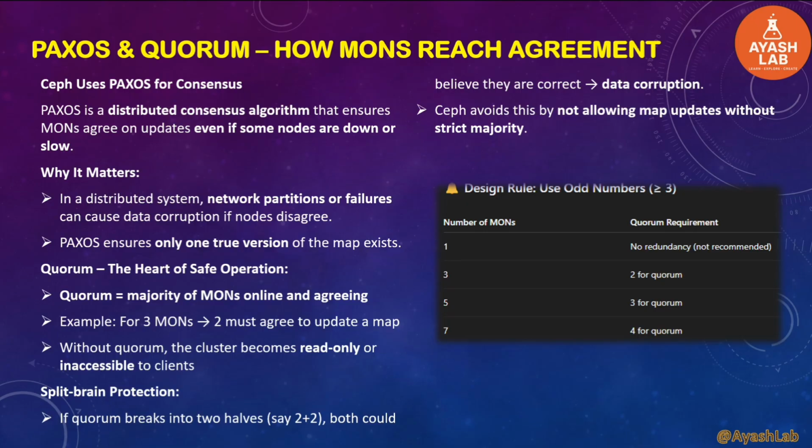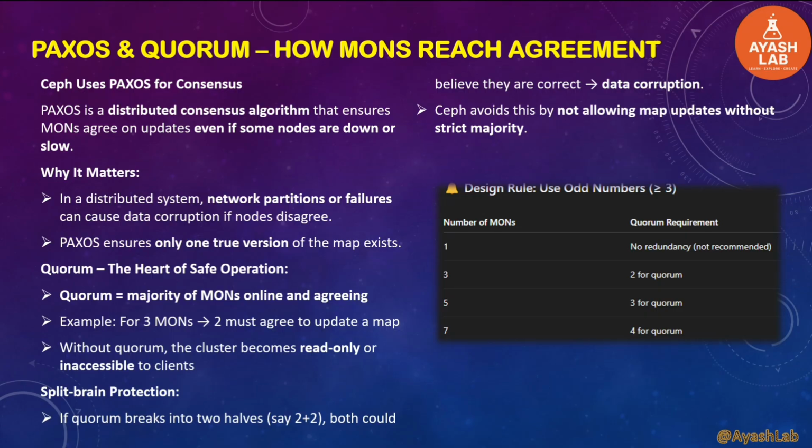Then, as split brain protection, let's know about it. Let's say two mons think one thing and two others disagree in a large cluster. That's called a split brain, a dangerous situation where both sides think they are correct.